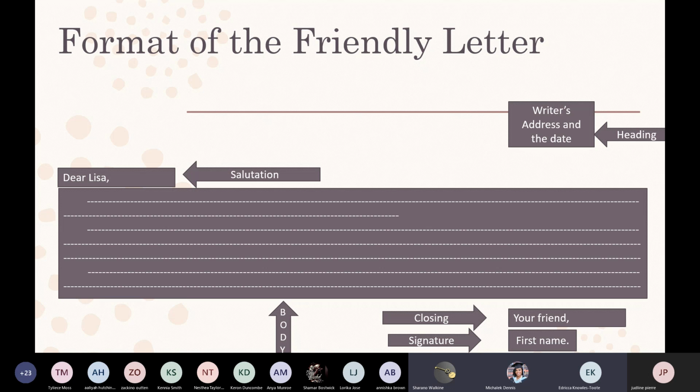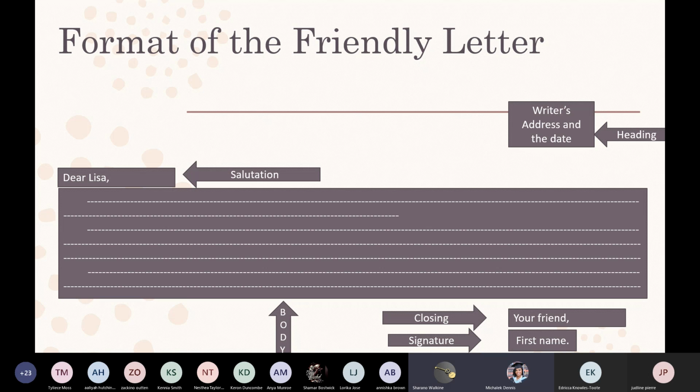So let's look at the format of a friendly letter. The writer's address and date is always in the right-hand corner, right? No, it doesn't go in the margin. It's before the margin, right? Yes.